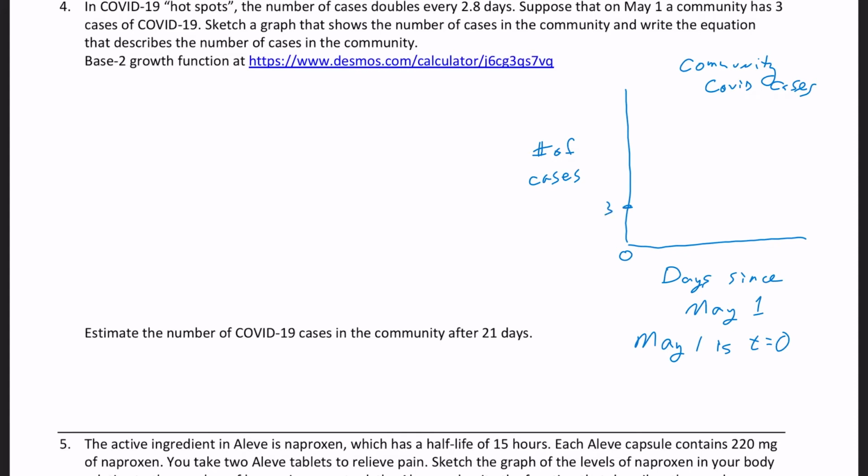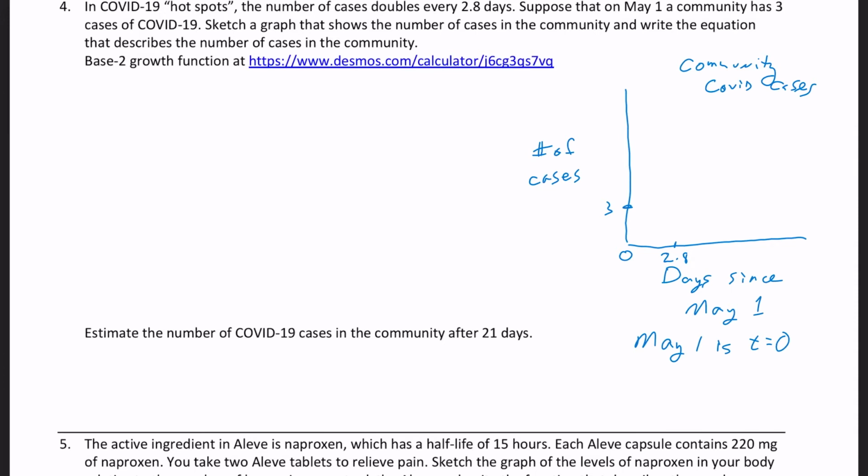And then this is a strange little scale, but after 2.8 days, what a strange number. And typically, it's not like we've been able to measure that, but the people that are actually doing the science and data collecting know the mathematics of this, and they've determined that the time it takes for the number of cases to double is about 2.8 days.